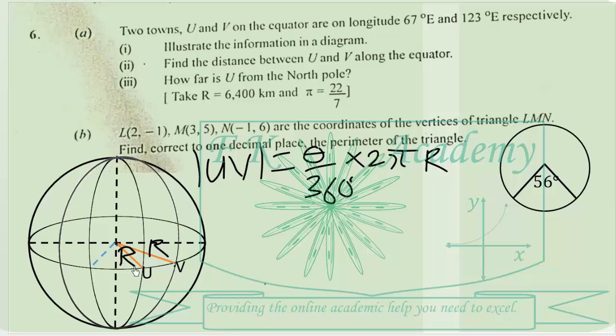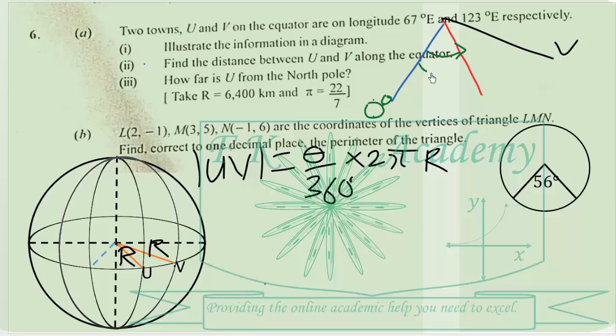The theta, we can find it. Note that the whole thing is looking like something like this. This is the longitude, and this is point U, and this is point V. So the angular distance from longitude 0 degrees to U is 67.